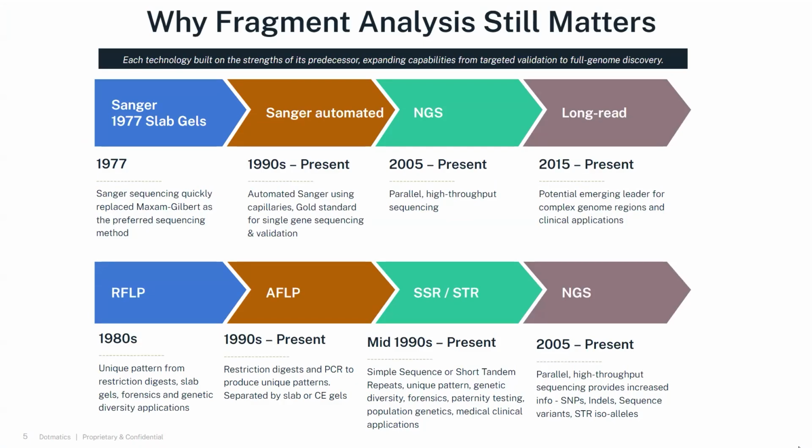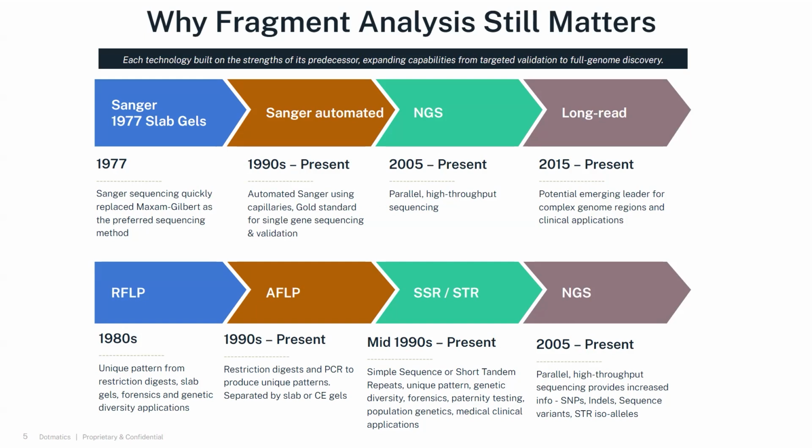So let's take a few minutes to talk about the importance of fragment analysis in many different fields. These two timelines track the evolution of sequencing in the upper figure and fragment analysis in the lower figure. Both sequencing and fragment analysis relied on slab gels and radioisotope labels in the early years.